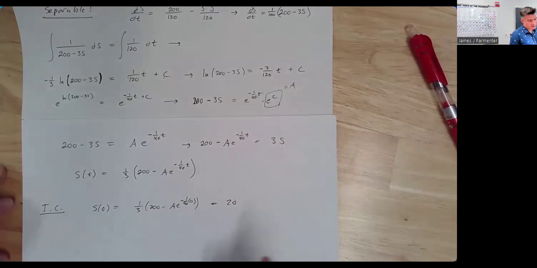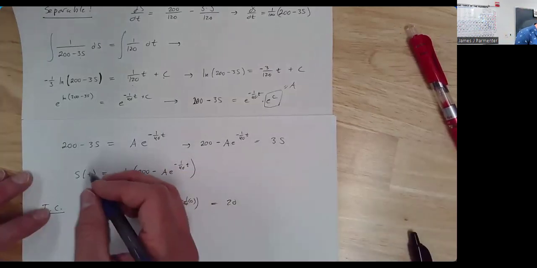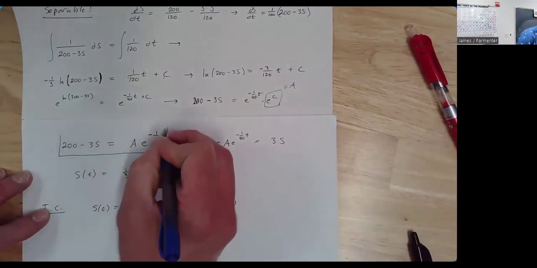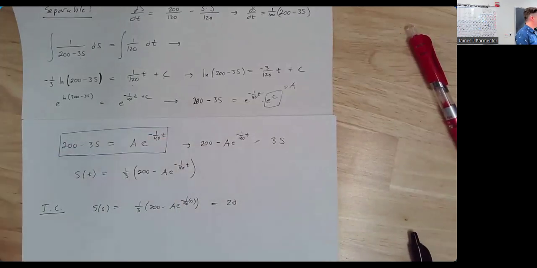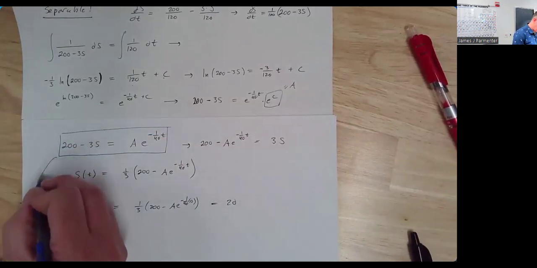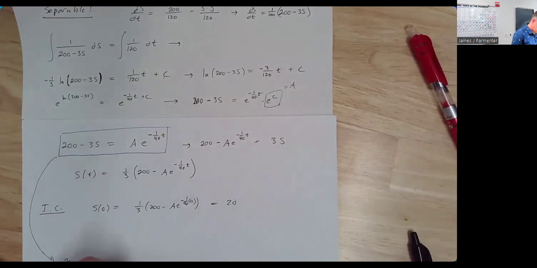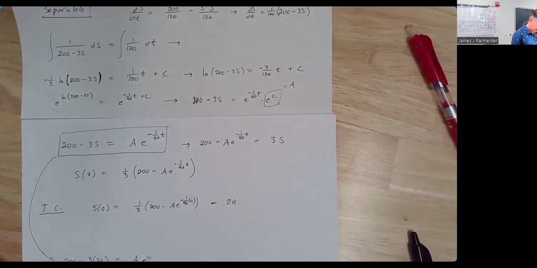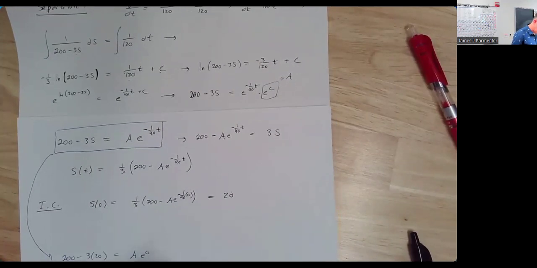So something to see here is that I probably waited too long to solve for a. Not like it's super hard to solve for a here, but there was a better moment to use my initial condition. If I had gone back to right here, we would have gotten 200 minus 3 times 20 equal to a times e to the 0, and then you get a equal to 140.